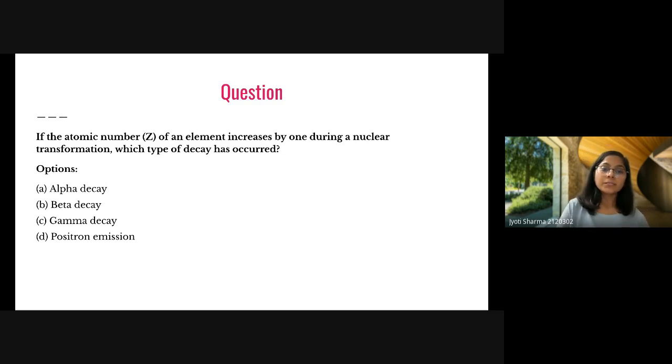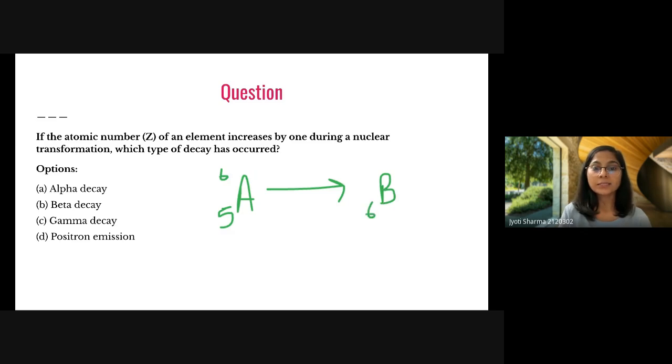If your element number increases by 1, so initially let's say you had element A with 5 and 6, and this is giving you B with 6 and 6.